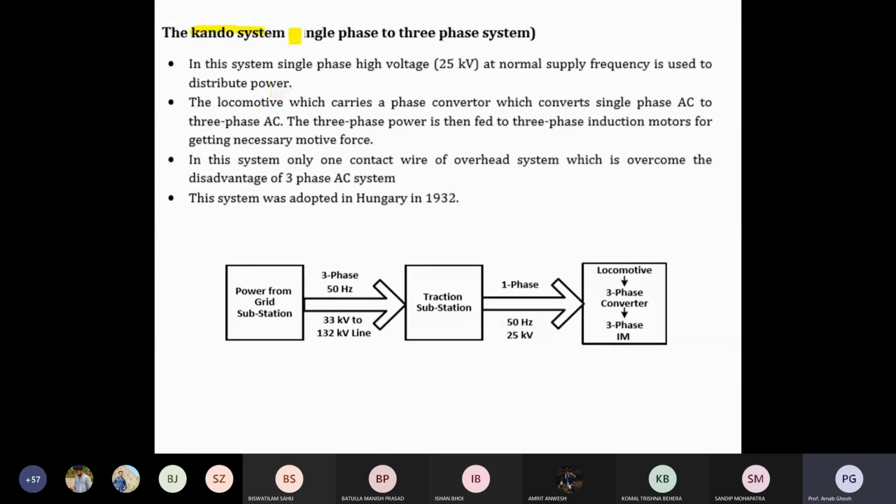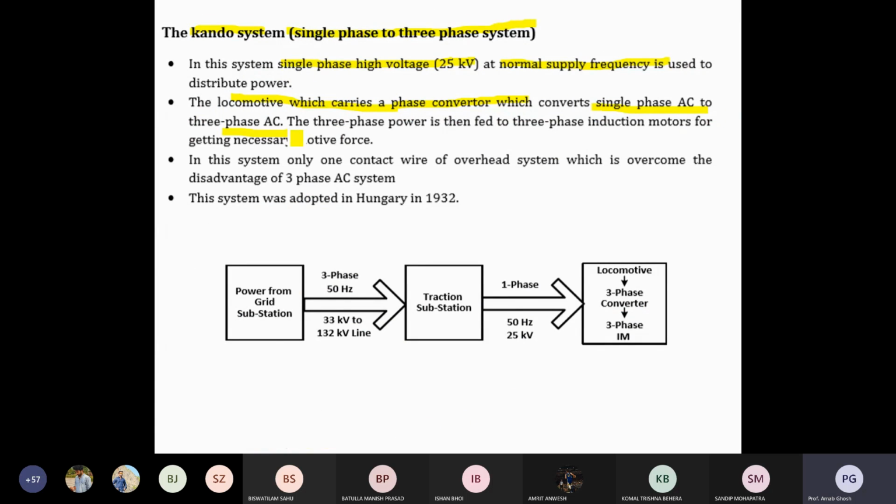Then the Kando system, where both are there. Kando system means a single phase and three phase system. Normally you know single phase high voltage 25 kV in your overhead, normal power frequency used for the distribution drive. The locomotive carries a phase converter, which converts single phase AC to three phase AC.